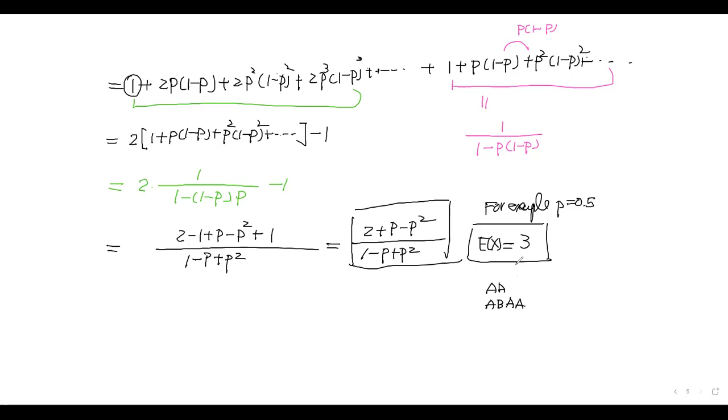So the expected will be 3. So it's a pretty reasonable assumption here. That's one way you can check if they have an equal chance to win. On average, it will be 3 games here. That's what we call the expected mean.